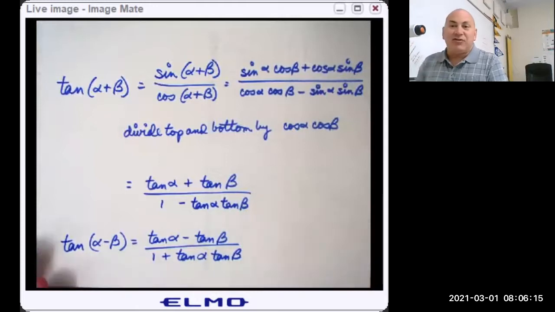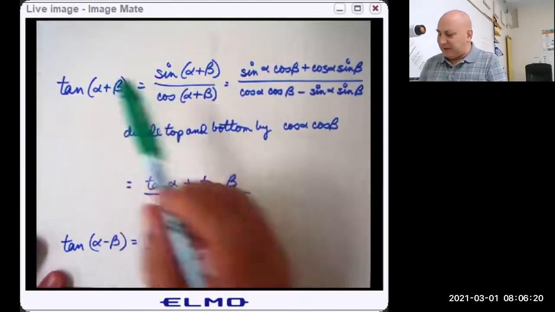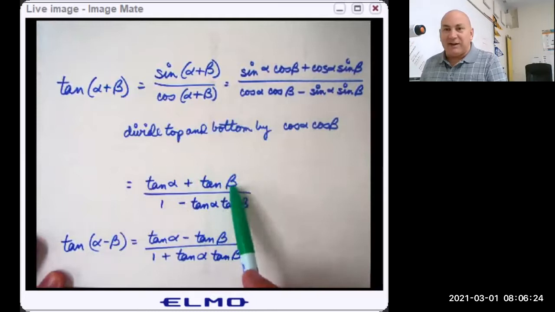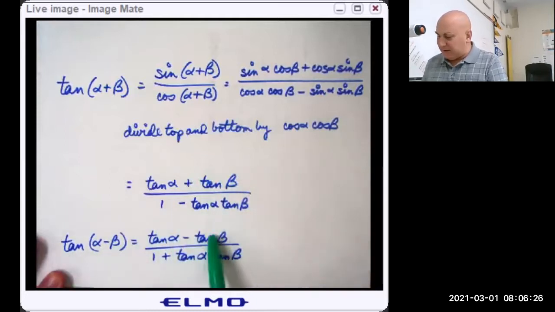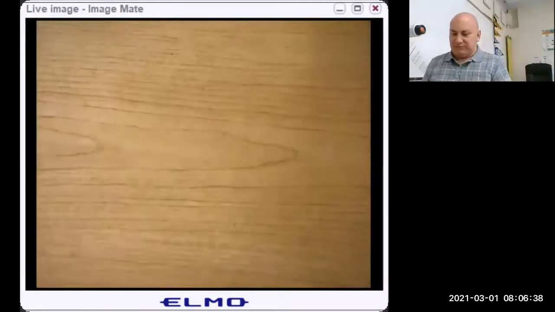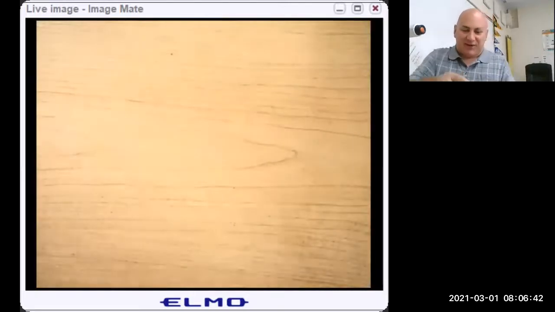And then because tangent is an odd function, if you replace B with negative B, tangent of negative B is negative tangent of B. So that negative tangent of B would make this a plus. And here's our difference identity for tangent. So I kind of threw at you the law of cosines.